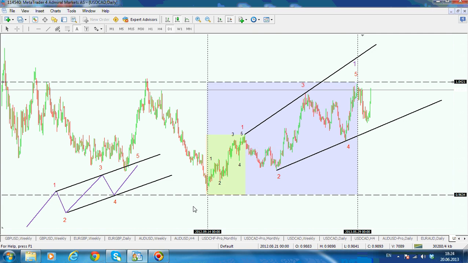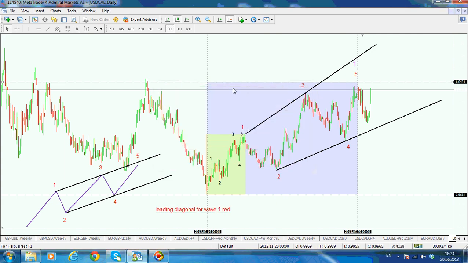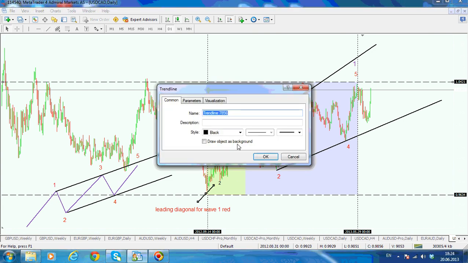So let's say this is a smaller leading diagonal for wave 1, in red. So here we go, we have the first rule of a leading diagonal.